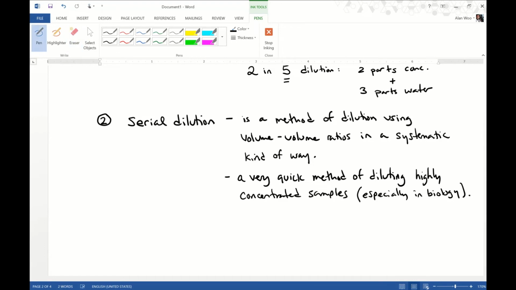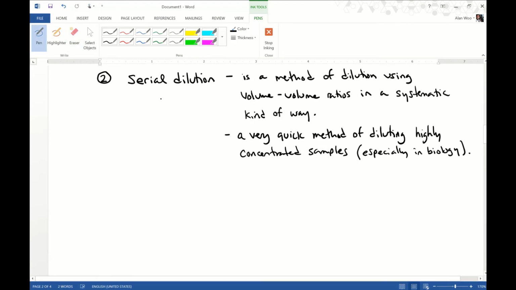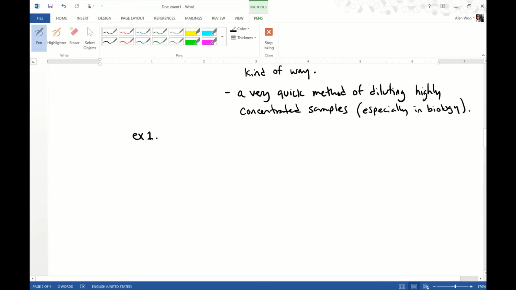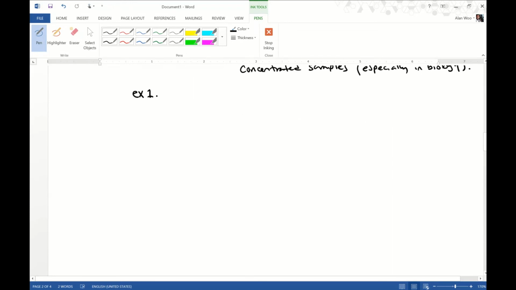So let's look at an example. And I'll give you 2 examples here, but the first one we'll look at is a serial dilution like this. Okay, so we always start off with more or less a concentrate.